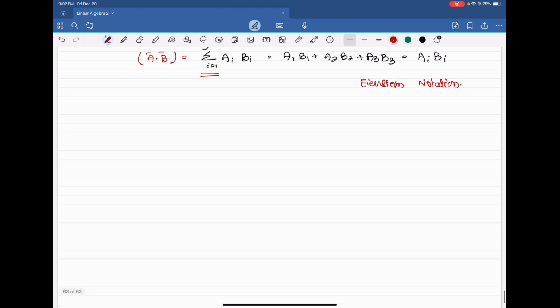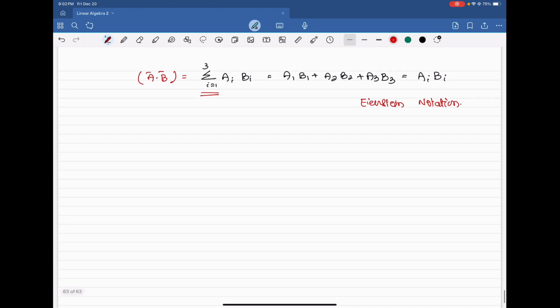Now we'll try to prove the value of A cross B. A dot B we have already defined with Einstein notation. We try to get the value of A cross B by using Kronecker delta and Levi-Civita symbol.